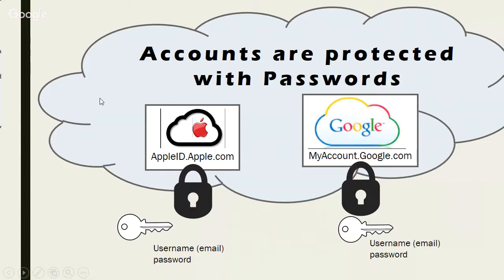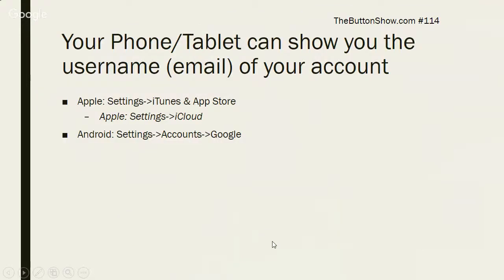Accounts are also protected with passwords. So the way to get into an account is to have a username and password. They come as a pair, and that is just how it works. Your phone or tablet can show you the username of your account.